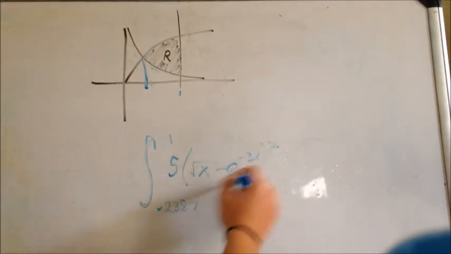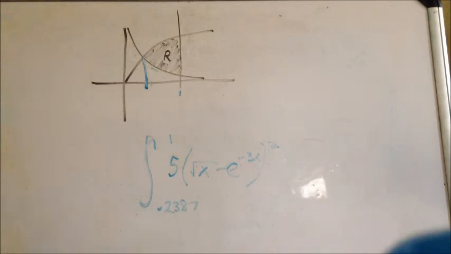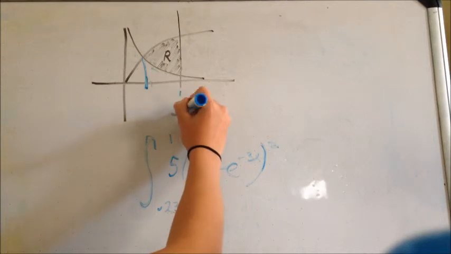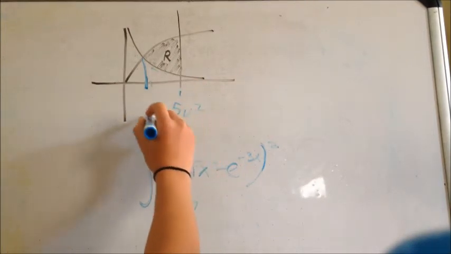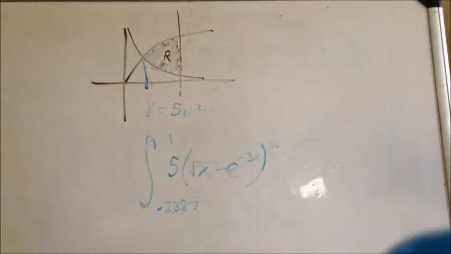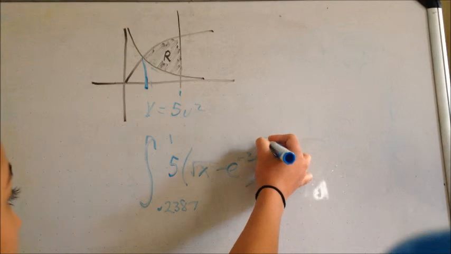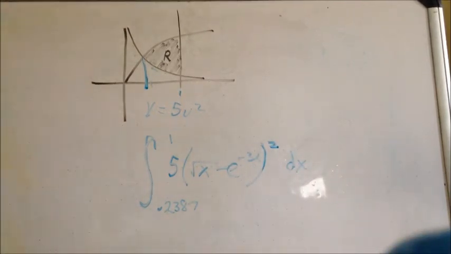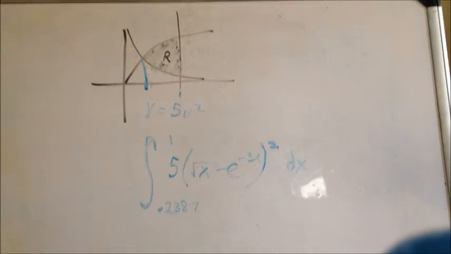Not the 5 squared, just this part squared. Because this is part of the side, because we had already determined that it's 5u squared for the volume of that cross-section, because it's a rectangle with the height of 5 times. So that's going to be dx, and then you can plug that into your calculator and solve.